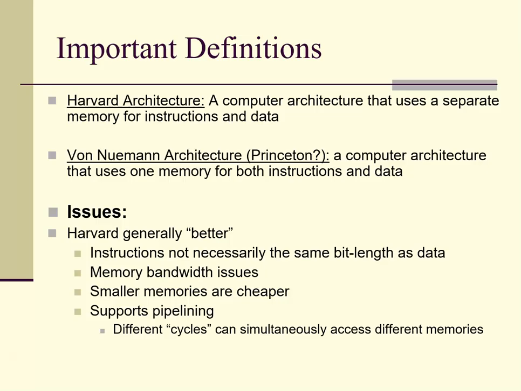There are some issues with this, and generally speaking, Harvard is considered better for a couple of reasons, though better is kind of a stretch. Essentially, if I have separate memories, that supports memories where the data width is different than the width of the instructions. With RISC-V, the instructions are 32 bits long, and the memory can easily access 32 bits.